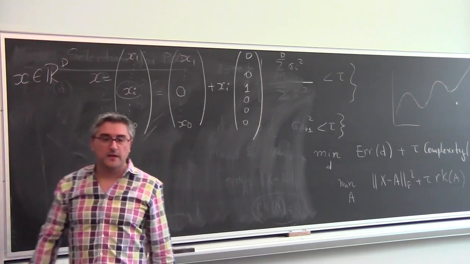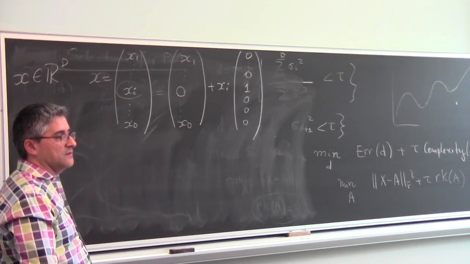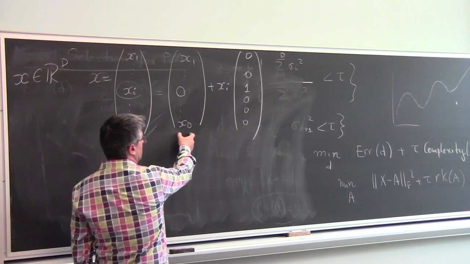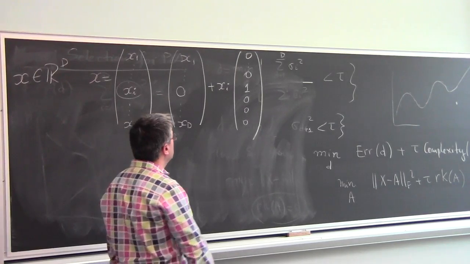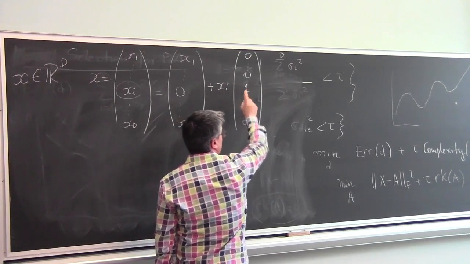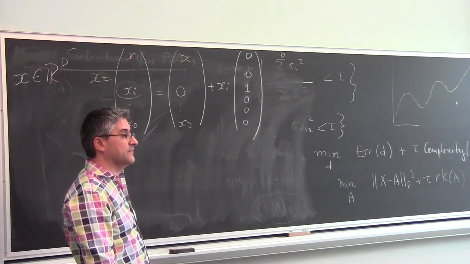Okay. So first of all, do you agree that I can just decompose any point that I want as the point, but I fill in the missing entries with a 0, plus the value of the missing entry that is unknown times a 1? Is that clear? I haven't done much really.